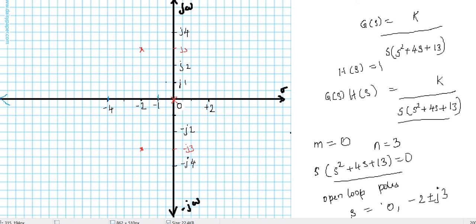So the entire negative real axis is included in the root locus, which we can plot now. Starting from 0, this is included in the root locus, going up to negative infinity.